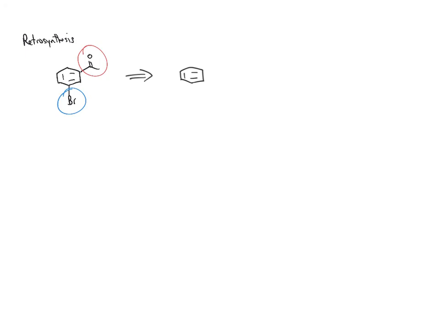Well, in order to form the carbon-carbon bond, we need to use the acylium ion, and that comes from the reagents, let's say acetyl chloride and aluminum trichloride. That's how we're going to get those substituents on.